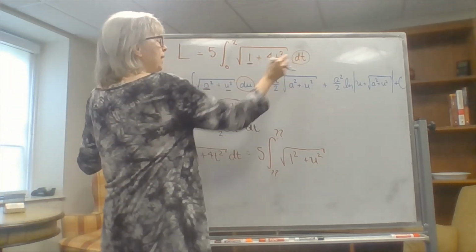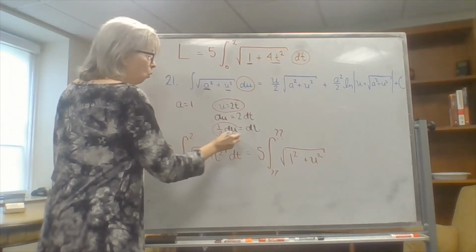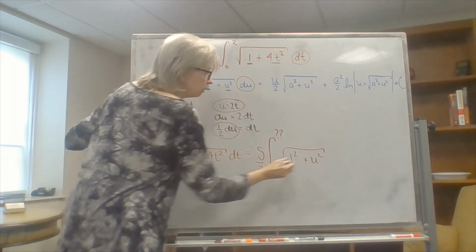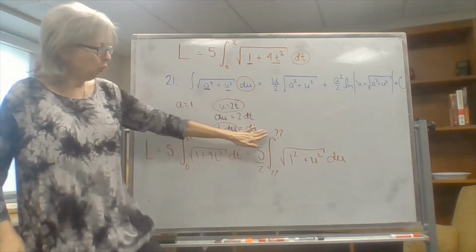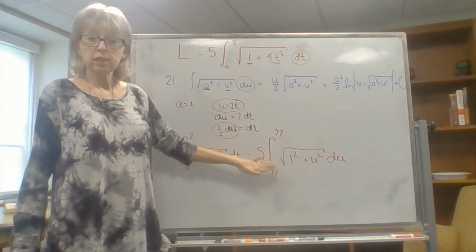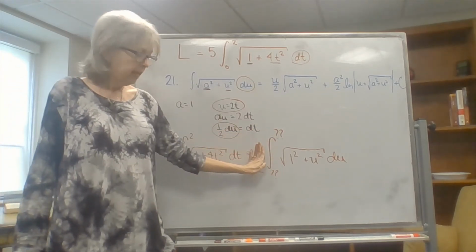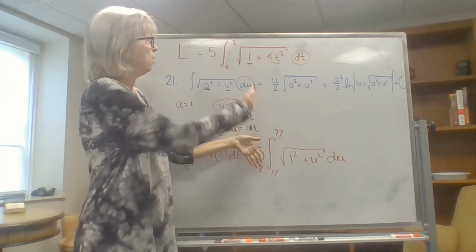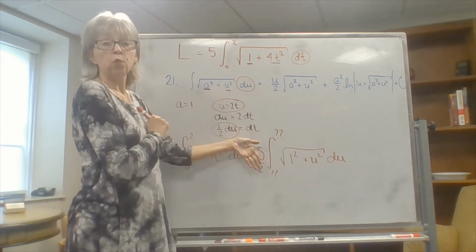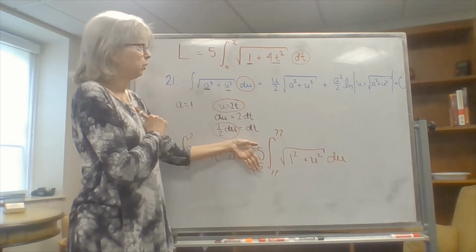So what do I replace dt by? 1/2 du. Now, ignoring my question marks here for the limits for u and ignoring this 5/2 out front, everything else looks like this formula number 21 in the back of my book.